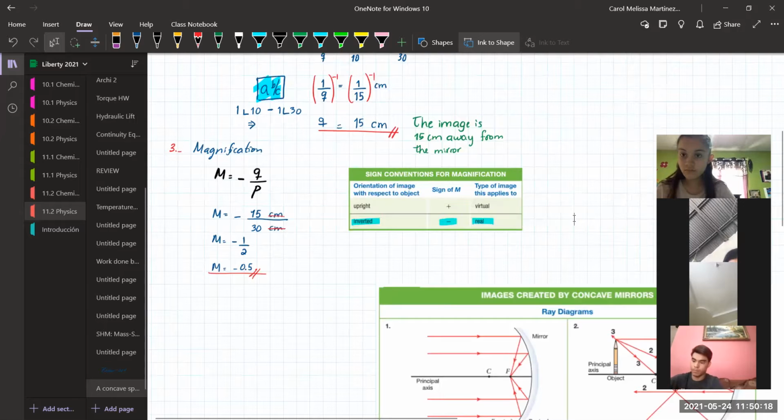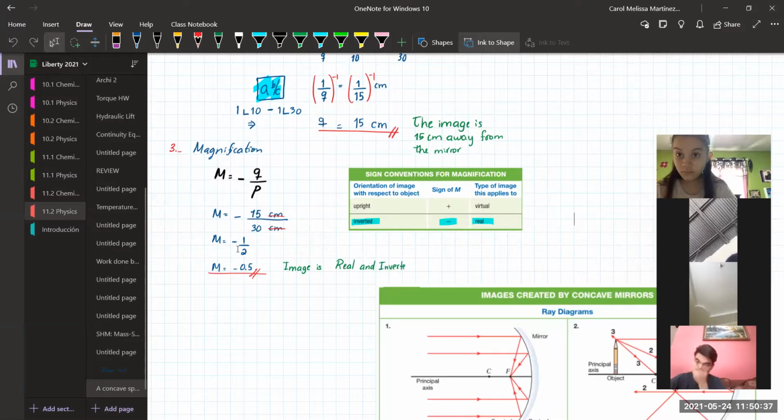So a negative sign in M in magnification tells you that the image is real and inverted. And magnification, because it's equal to 0.5, 0.5 is less than 1.